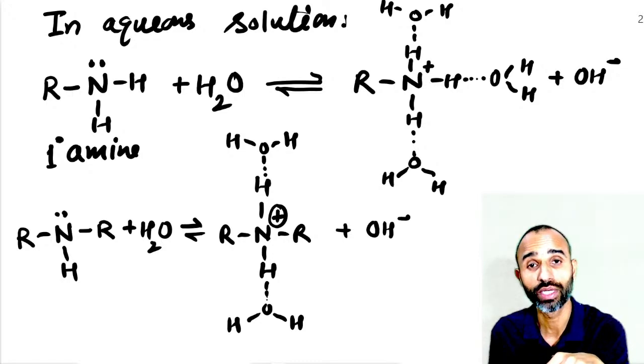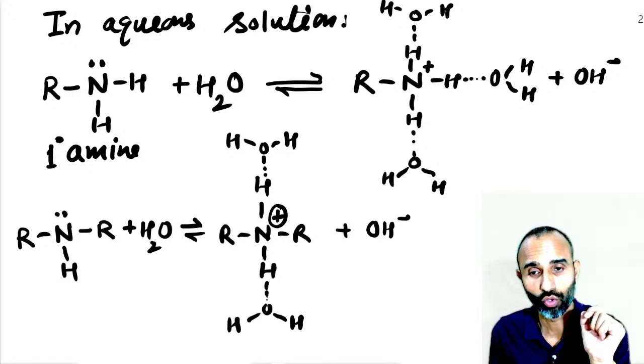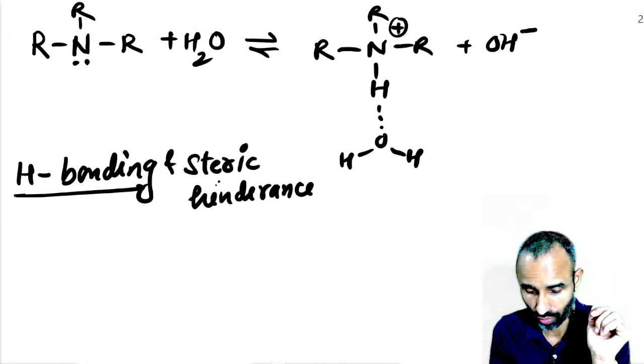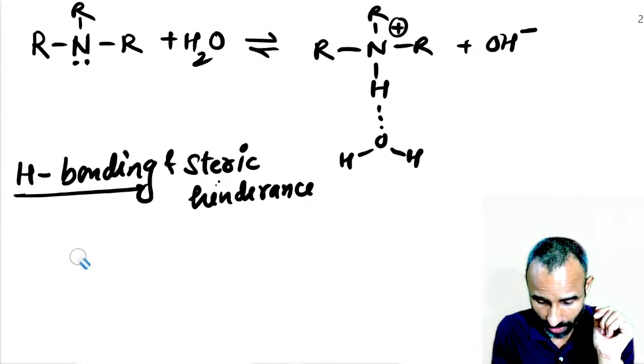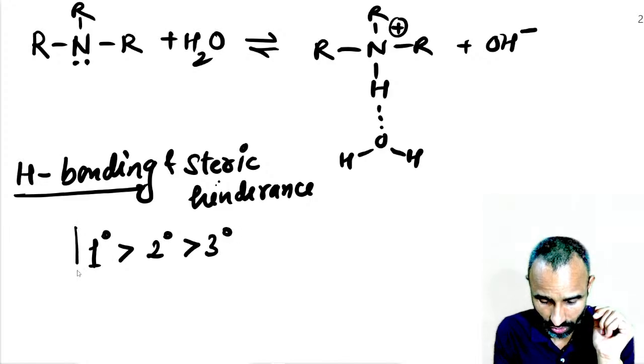Cation formed in primary amine is most stable according to hydrogen bonding. If we compare on the basis of hydrogen bonding, primary amine should be more basic, then secondary, then tertiary.